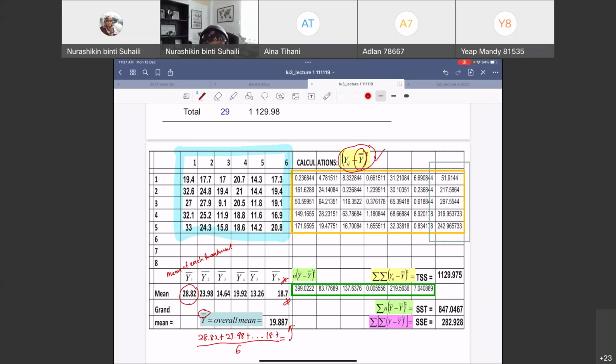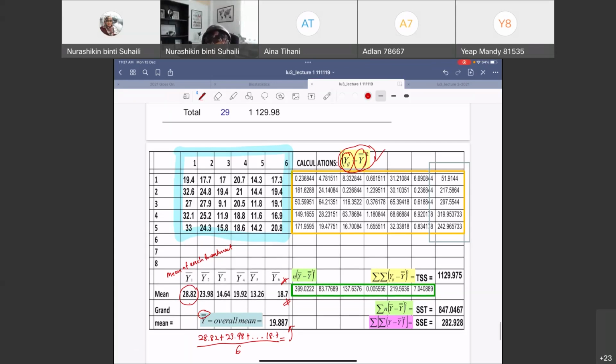So what does yij mean? Yij is referring to each of these points. It means that for this one, 19.4 minus the overall mean, 18.7, squared. So you got 0.236844. Okay, and you solve for every point.